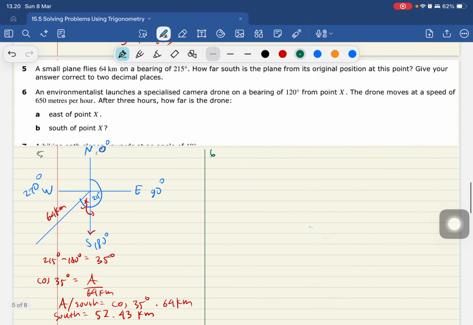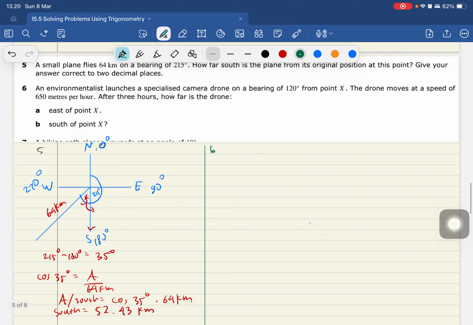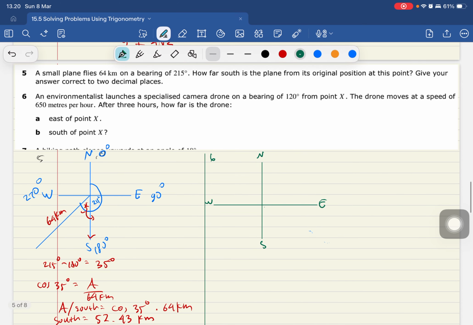Since this uses a bearing again, let us draw it: north, south, east and west. 120 starting, it's going to be here. This is 120 degrees.